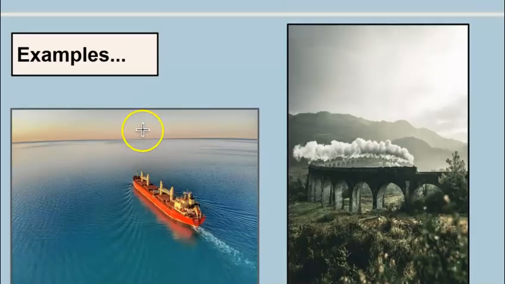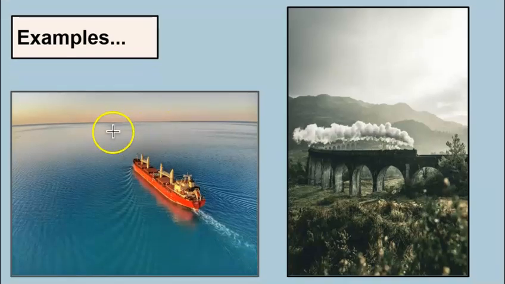So one example is if you've ever seen a massive ship trying to turn around, stop, or start, that's going to take a really, really long time to go from 0 to 30 miles an hour, or from 30 miles an hour down to 0. Or trains, right?